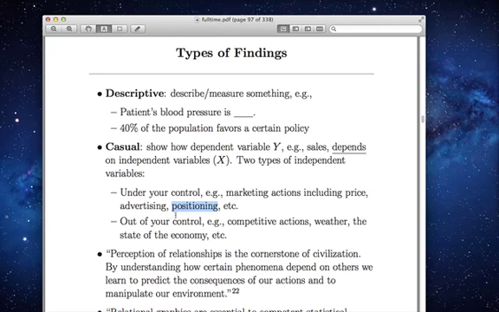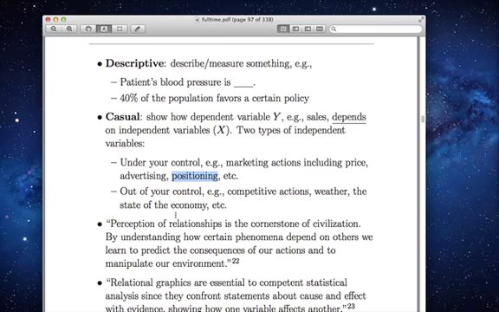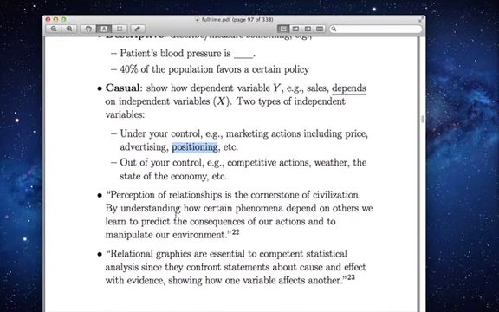If it gets cold out, our ice cream sales go down, and so forth. All right, so causal relationships are extremely important. If I had to constrain myself to giving only one word of advice on getting to graphical excellence, I would say look for relationships. Show causal relationships. I pulled a couple quotes. So this is from a book by Sen and Srivastava. Perception of relationships is the cornerstone of civilization.